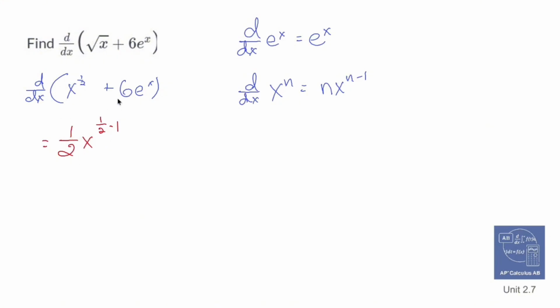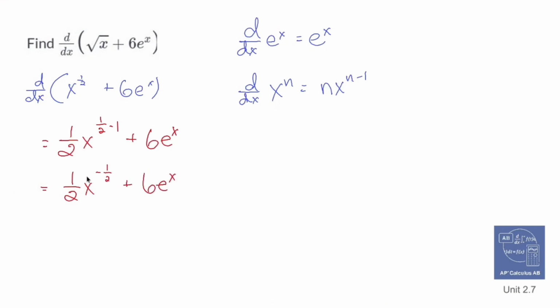If I were to take the derivative of 6e to the x, the coefficient doesn't change, and e to the x is still e to the x. Easy peasy lemon squeezy. Now this is just the guy that I have to do a little bit of work with. So you get 1/2 x to the negative 1/2 plus 6e to the x.